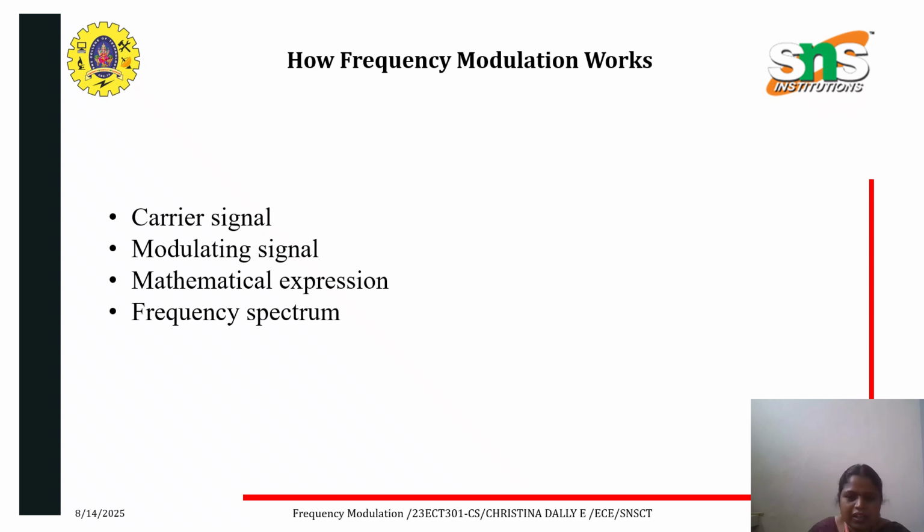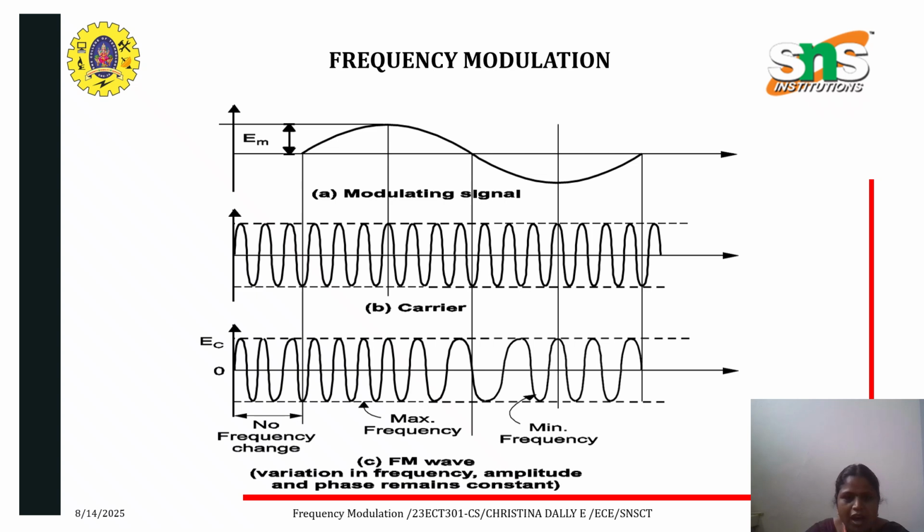So how does it work? It can be described through the carrier signal, the modulating signal, the mathematical expression, or the frequency spectrum. This is the diagram of frequency modulation. First we give the modulating signal, the next one is the carrier signal, and the carrier signal is varied according to the amplitude of the modulating signal.